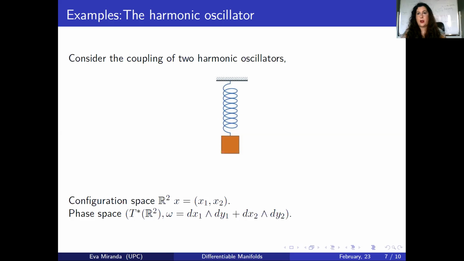And this example is going to sound familiar to some of you because this was the way I explained one of the questions in the questionnaire last week. One of the questions was about the harmonic oscillator, where I was giving you two functions, and I was asking you to prove that these two functions Poisson commute, that the bracket is 0.